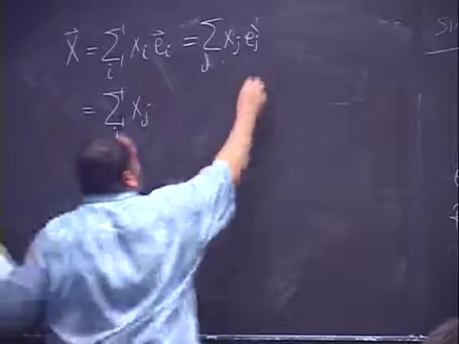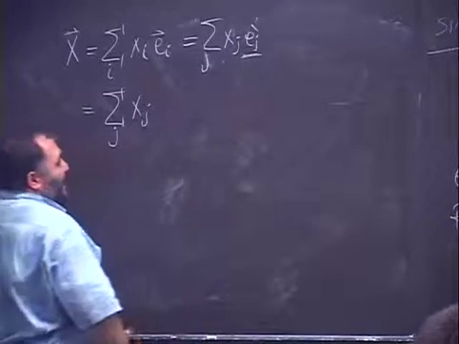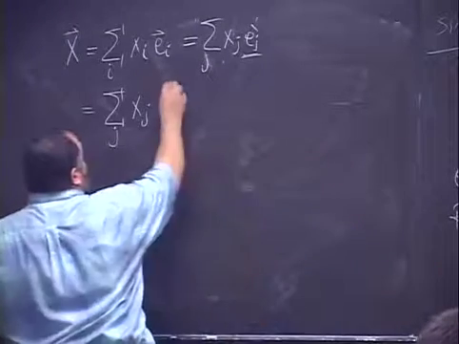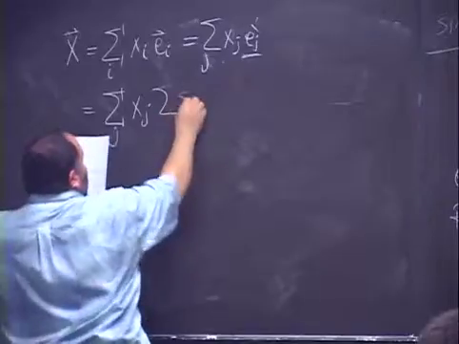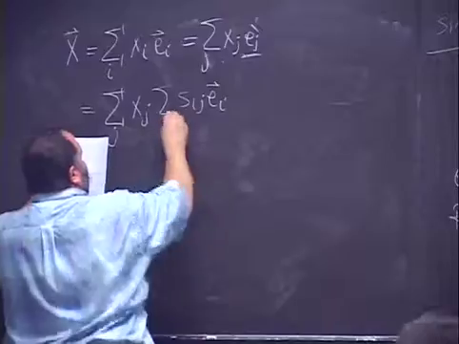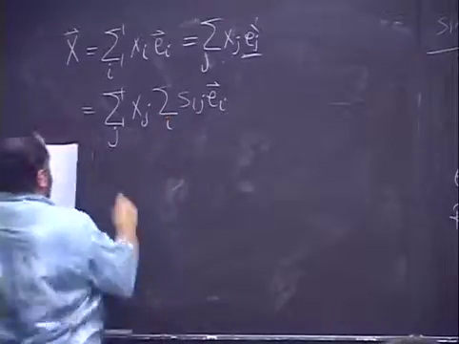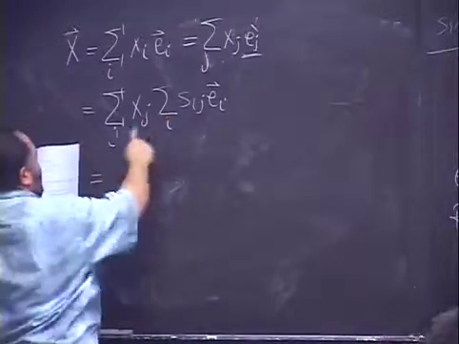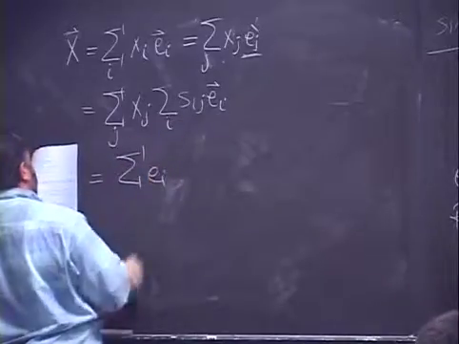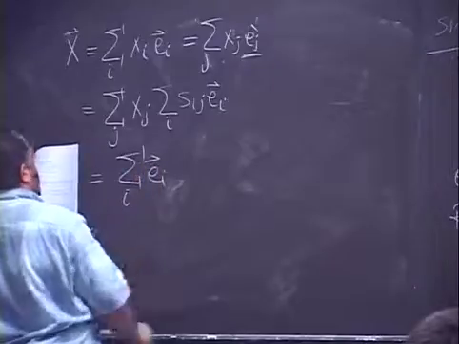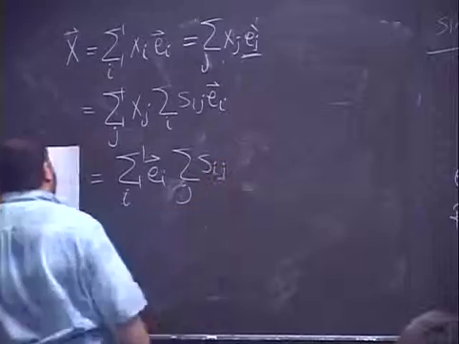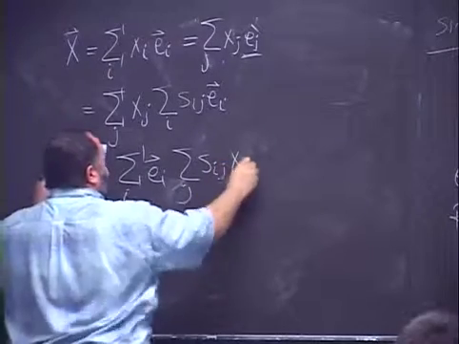And what's ej prime? So I can write this as what? Sij Ei, and this is a sum over i. So you can rewrite this again by rearranging, and this will give you Ei sum over i, and this is j, and this is Sij, and this is Xj.